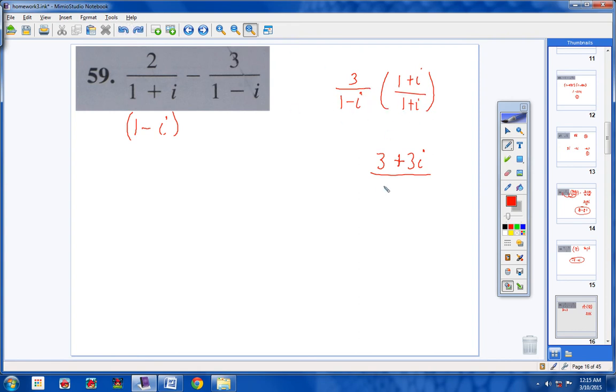First term times first term is 1. Last term times last term is negative i squared. That's really like having a negative 1, because i squared is negative 1. So we have a positive 1, which gives you a 2. So 3 plus 3i all over 2 gives you 3 over 2 plus 3 over 2 i.